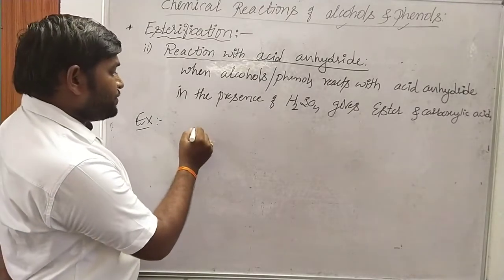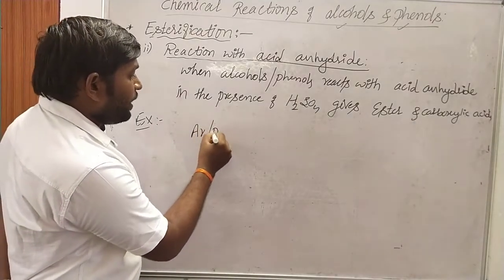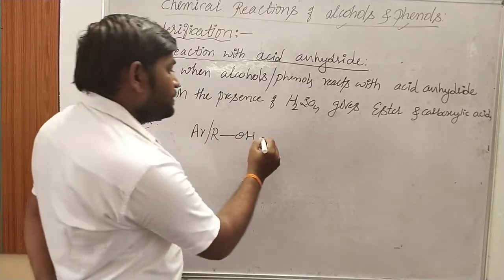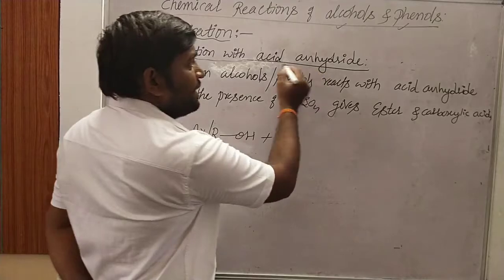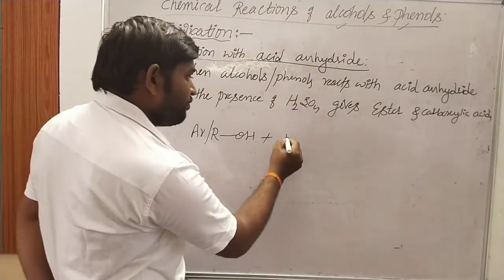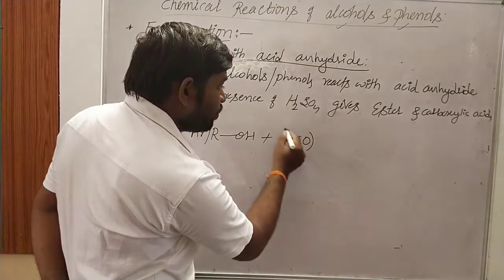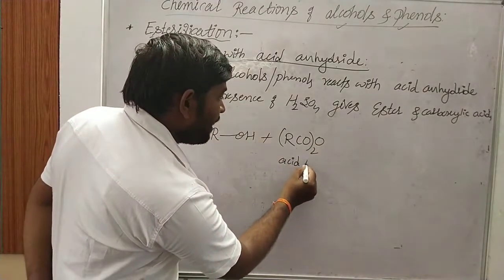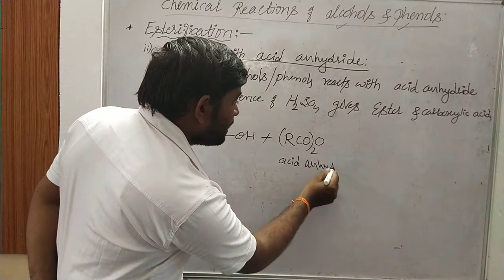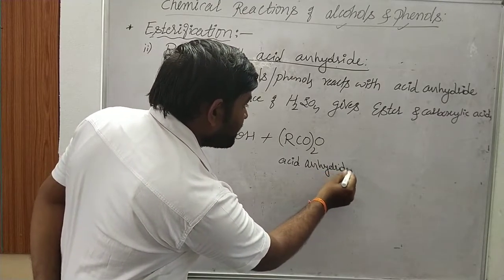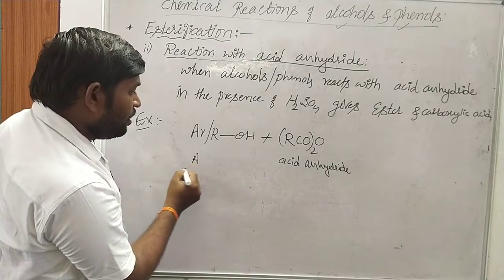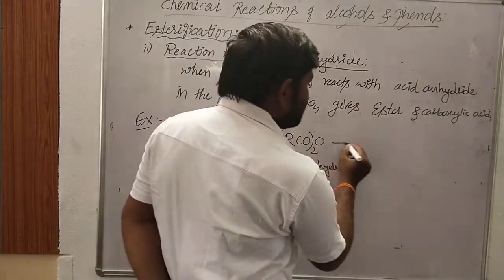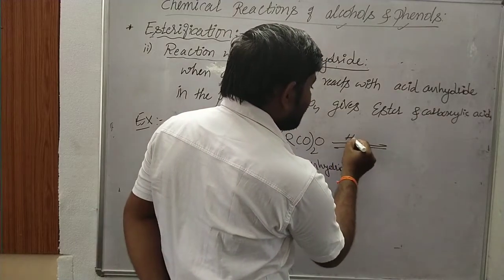So let us consider one example for the reaction with acid anhydride. When alcohols or phenols react with acid anhydride, the formula for the acid anhydride is (RCO) twice O. So what happens in the presence of sulfuric acid?